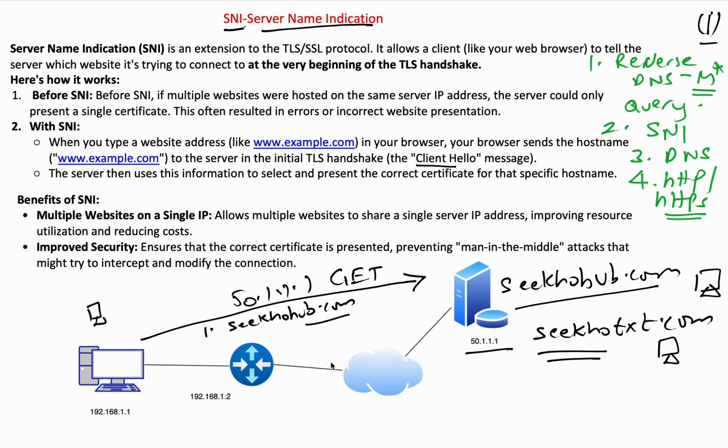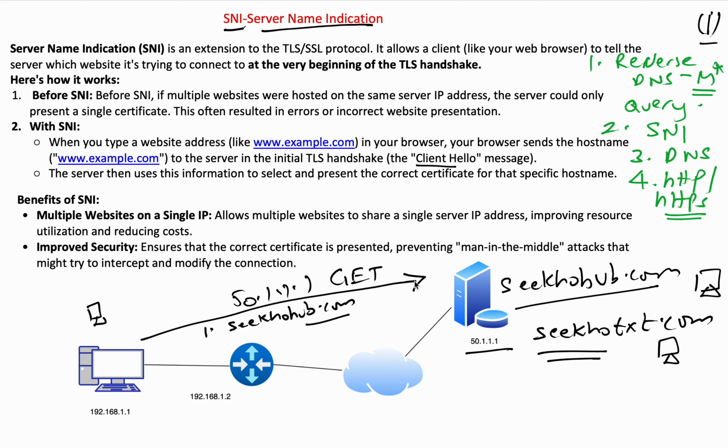Now resuming back, so what are the benefits of SNI? Why do we use it? I know that we use it because we need a particular website, right? And we have a lot of shared hosting right now, with a single IP address. So what are the benefits? The first benefit is multiple websites on a single IP.